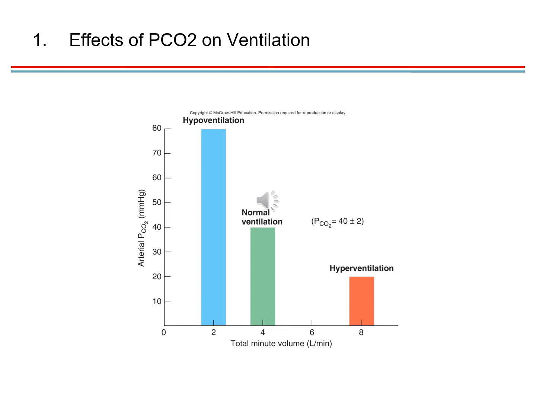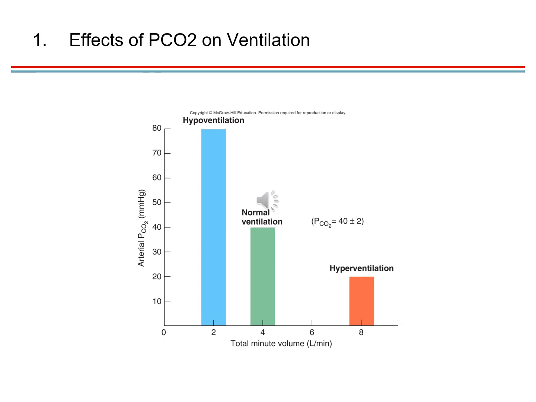So, in hypoventilation, the pressure of carbon dioxide, the blue line or blue column, reaches up to 80. Remember, the normal level of carbon dioxide in plasma is 40 millimeters of mercury, but in hypoventilation it can reach up to 80 millimeters of mercury.